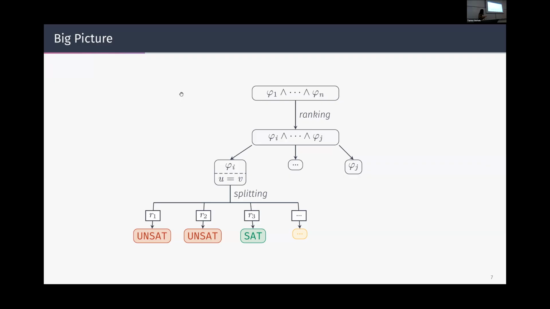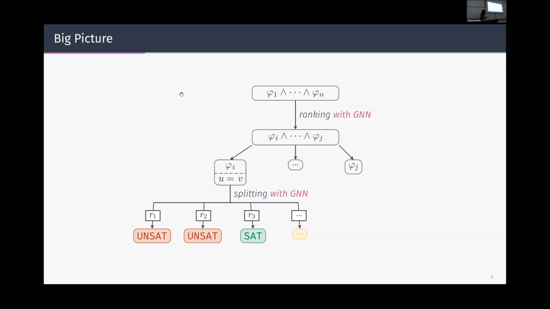And we try to solve them. So if one word equation is unsatisfiable, then the whole thing is unsatisfiable. Otherwise, if one word equation is satisfiable, maybe with a substitution, then we broadcast the substitution to other branches. And if all branches are satisfiable with one common substitution, then the whole thing is satisfiable. This is how we do first ranking and second split.